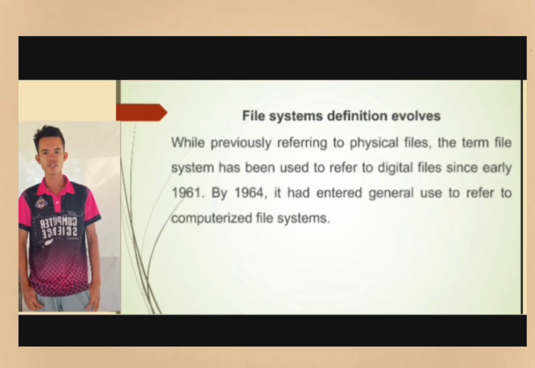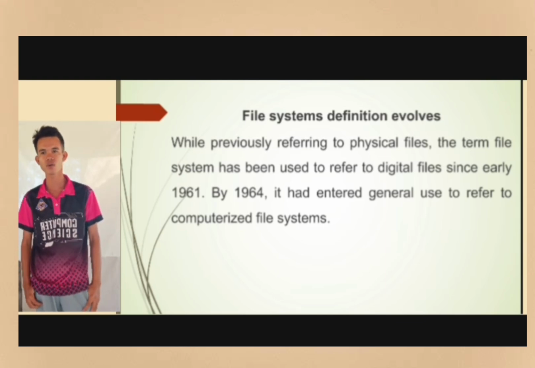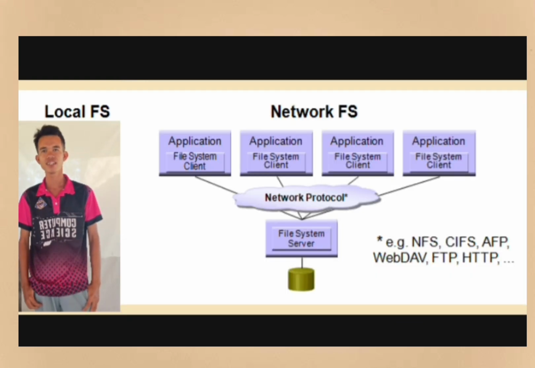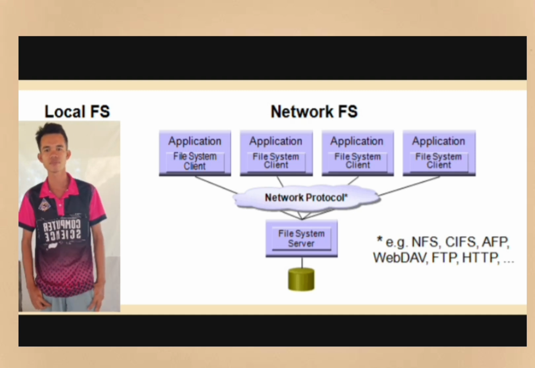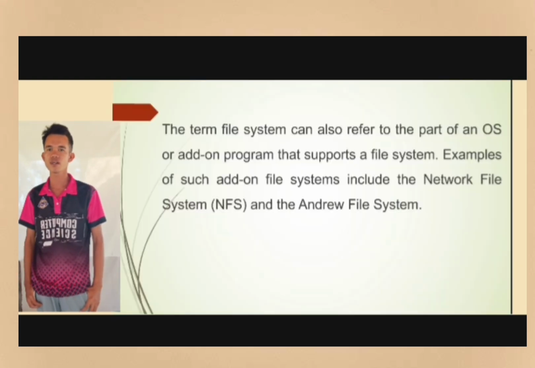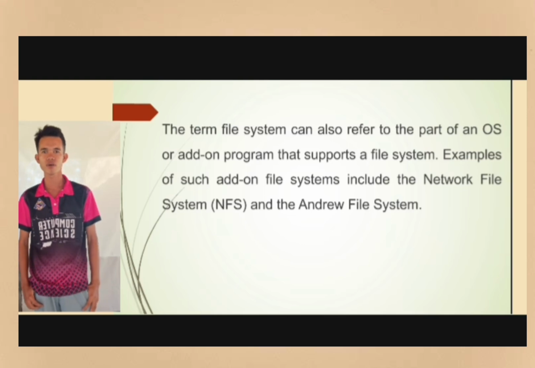File system definition evolves. While previously referring to physical files, the term file system has been used to refer to digital files since early 1961. By 1964, it had entered general use to refer to computerized file systems. The term file system can also refer to the part of the OS or add-on program that supports a file system.